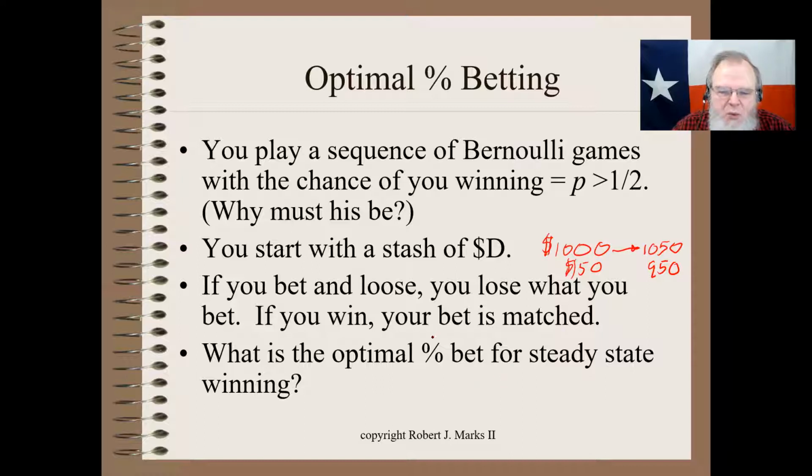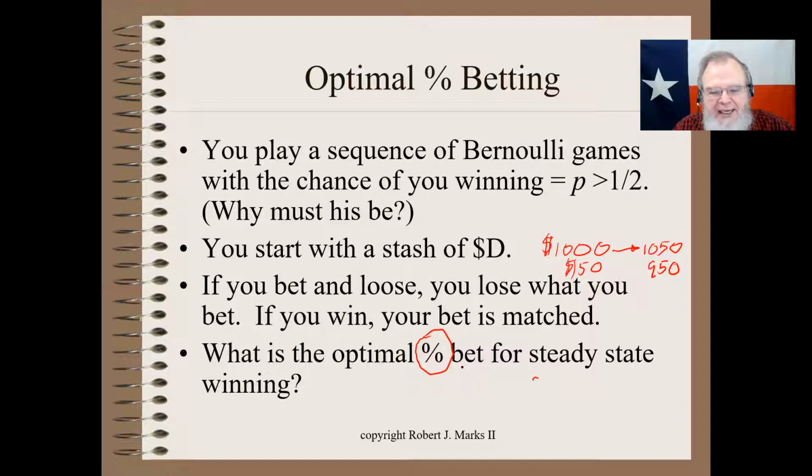And the question is, what is the optimal percent? What we're going to do is assume that we have a stash of D dollars, and whatever the stash is, we're always going to bet the same percent. So we might always bet 10% of the money we have available. We might always bet 50%.